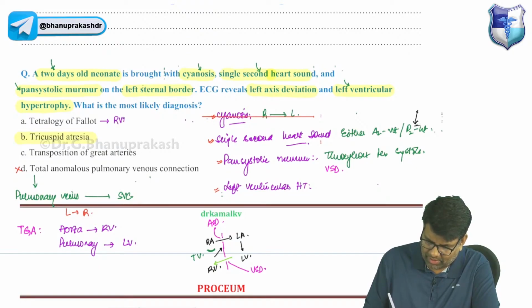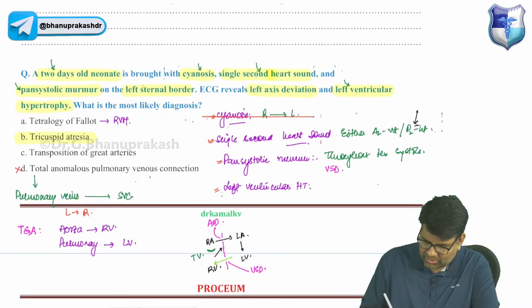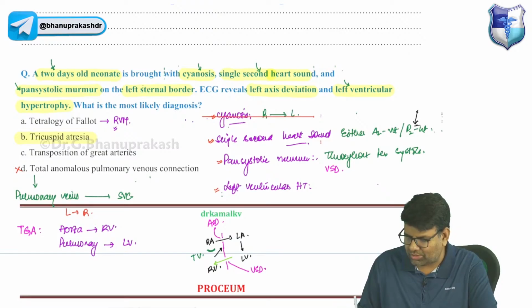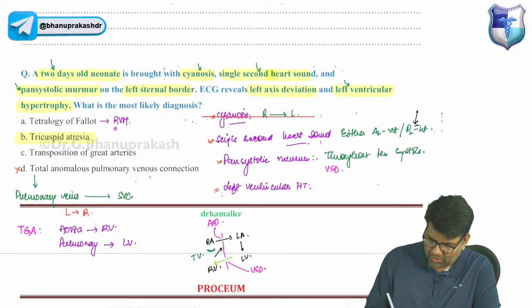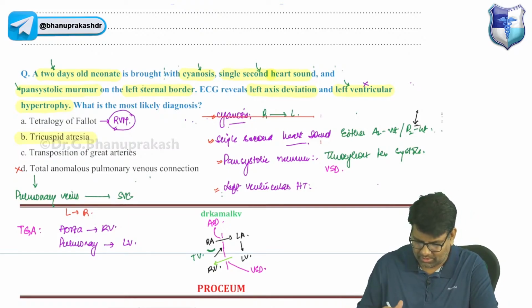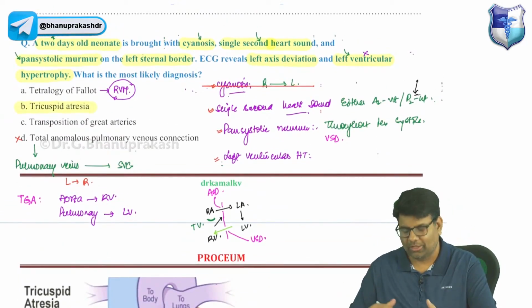This is right ventricular hypertrophy. Clear? So that way, because otherwise most of the things might confuse you. You can have a VSD giving rise to pansystolic murmur. You have pulmonary stenosis giving rise to affection of the pulmonary component of the second heart sound. But this particular finding is totally against the clinical picture. Clear? So tricuspid atresia comes out to be a better answer considering this whole picture.